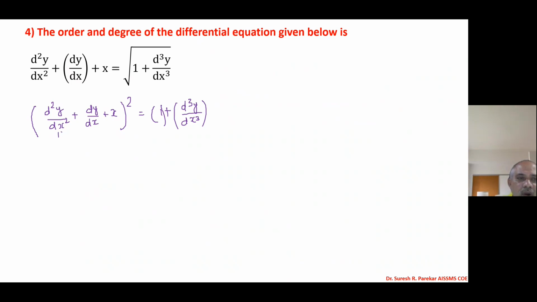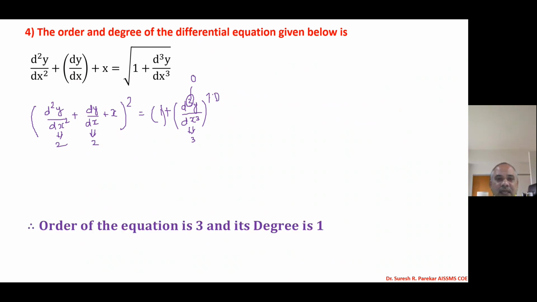Now one derivative has order 2 and here I have order 3, so the order of this differential equation is 3. And what is its power? We have 1. So I have 3 as order and 1 as degree. The answer is 3 and 1.